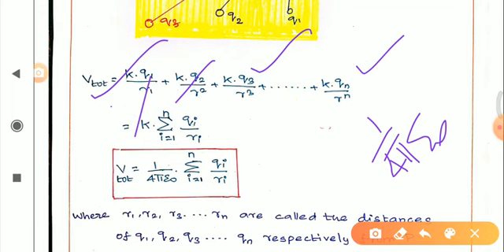What is qi? qi is the ith charge, and ri is the distance of the ith charge from the point P. Otherwise, the total potential V total is given by 1 by 4 pi epsilon naught into the sigma of i equal to 1 to n of qi divided by ri. The only difference is that I have substituted the value of k. So this is the total potential at a point due to a system of point charges.